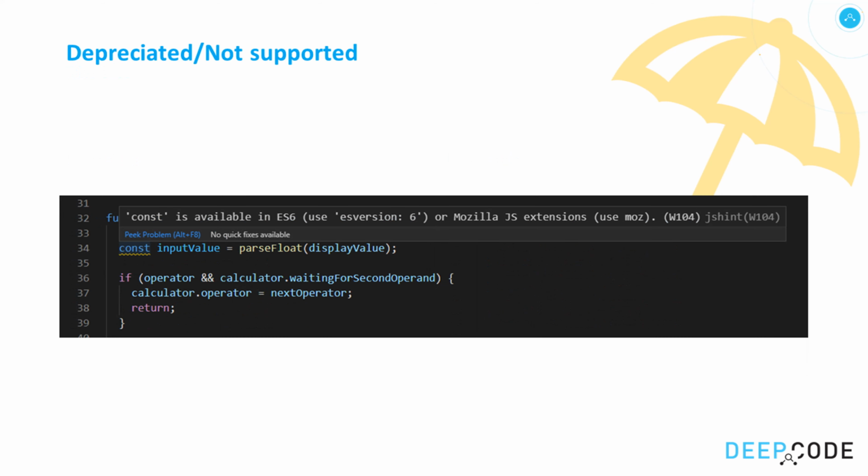So my last example is stuff that is no longer or not yet supported. Especially in the JavaScript world, the standard is evolving very, very fast. Maybe so fast that even the runtime environments cannot keep up with it.